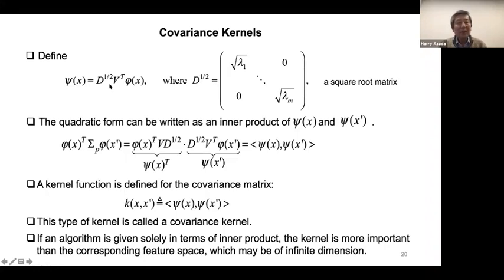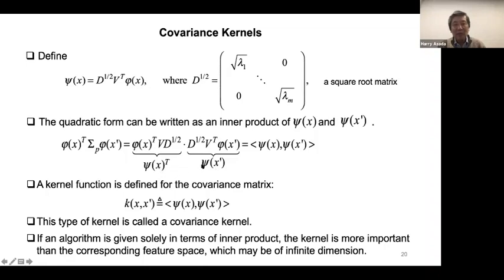And then take the parts of that decomposition, half of them put into this side, and the other half on the other side. So this sigma p is now decomposed into V and D transpose, and D is split, half put on this side and half on this side, the square root of them. And we define this as a new function, denoted psi x and psi x prime.